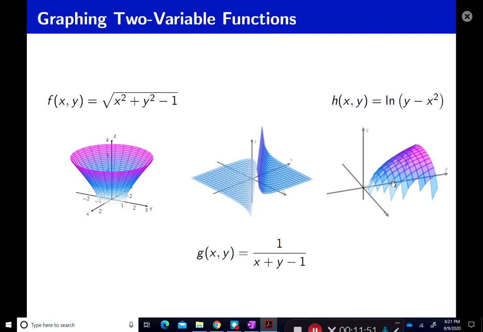And over here also, natural log, it sort of looks like if you take the upper part, the intersection of the graph, or cross section of the graph, with x equal to 0, you get the graph of natural log of y, basically.